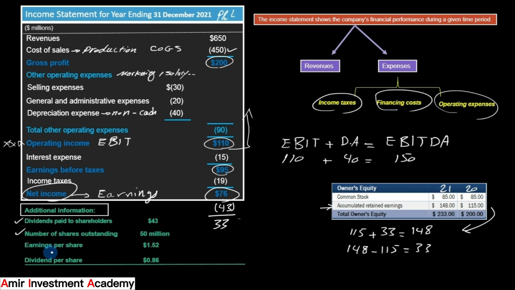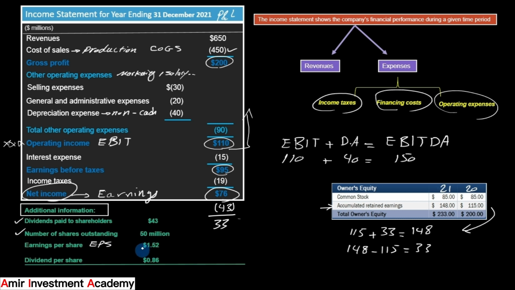Now, we have a line here called earnings per share, or famously EPS. Again, you might hear this a lot on the news channels, that the EPS went up for this company. EPS stands for earnings per share, and in our case it is $1.52.